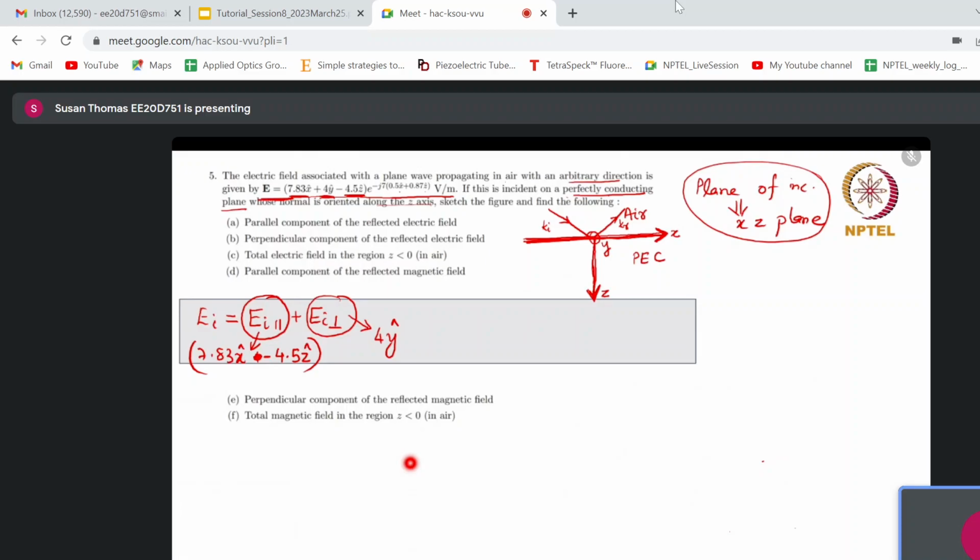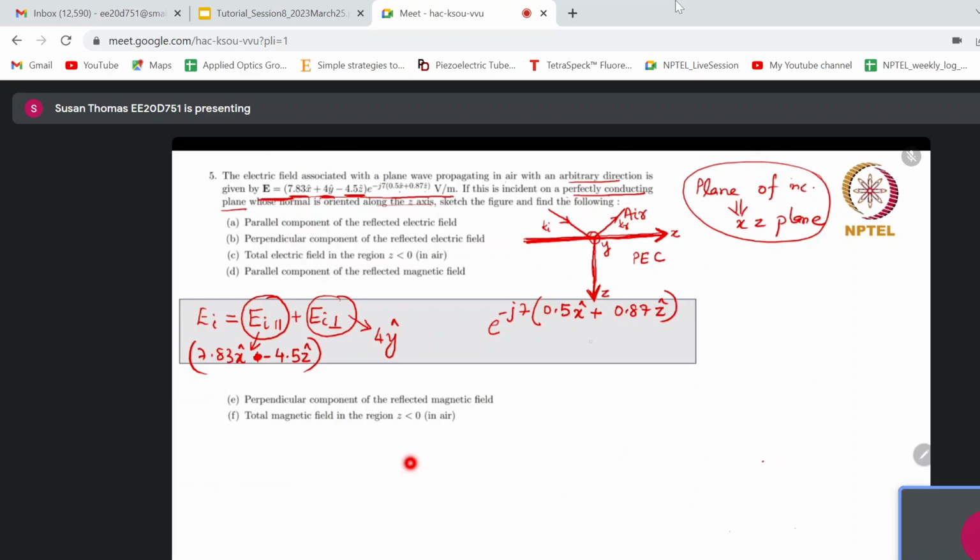Now let's move on to the wave vector part. Looking at the wave vector, you see e raised to minus j beta into 0.5 x cap plus 0.87 z cap.